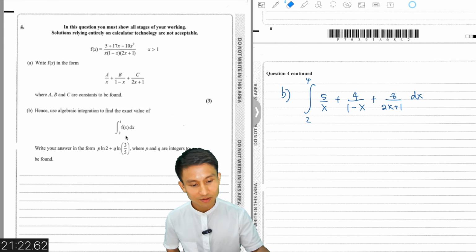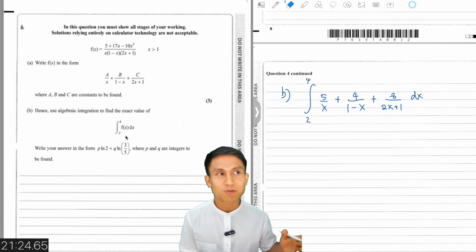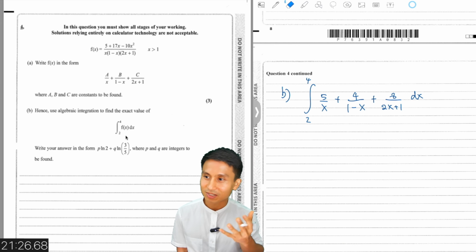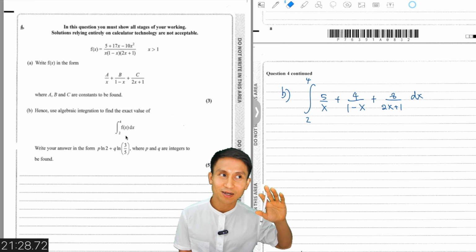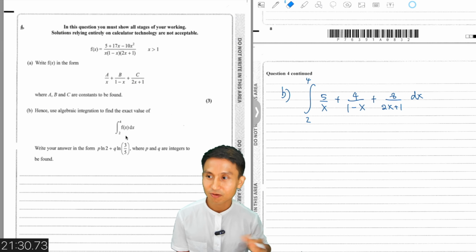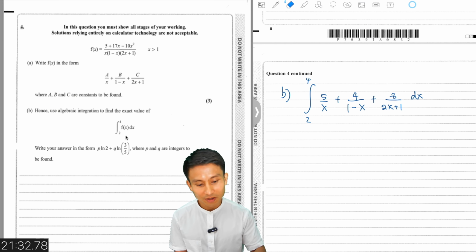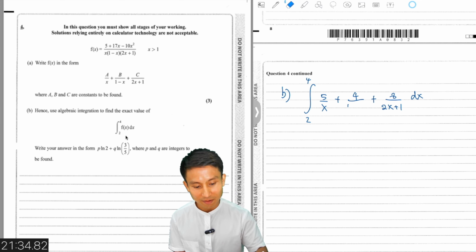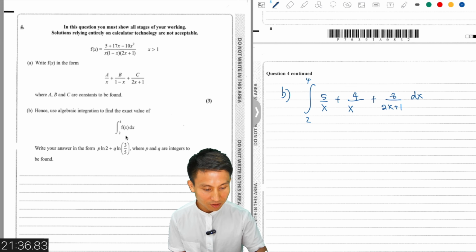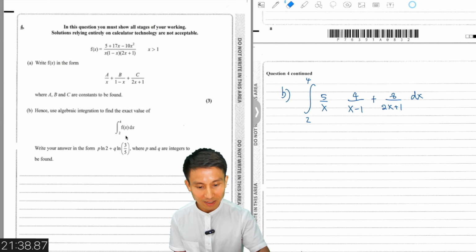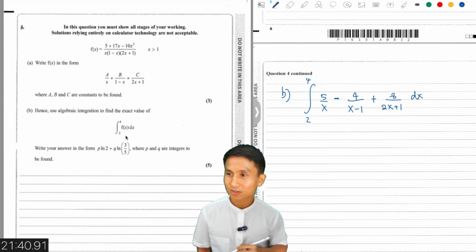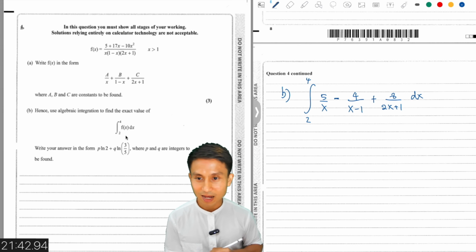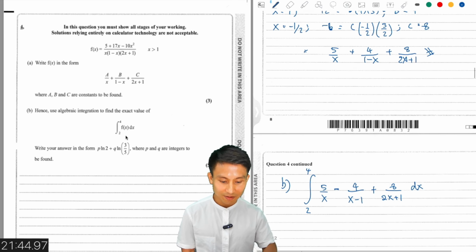But I had a vague experience that if you don't flip the sign so that the argument of the log becomes positive, something weird is going to happen. So I'm just going to play safe here, flip the sign and put a minus sign here, which is exactly the same thing.